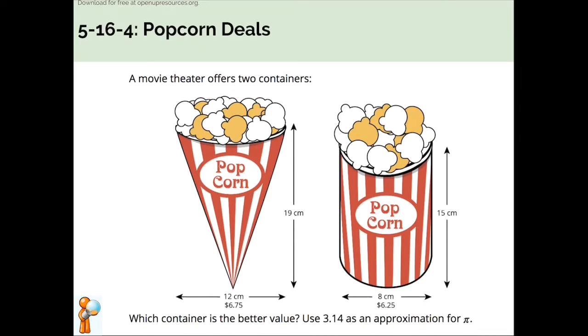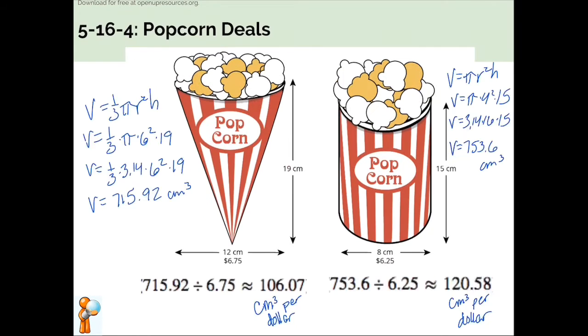All right, so looking at this problem, I'm trying to figure out which one of these is the better deal. Here I've shown my work. For the cone-shaped popcorn cup, the volume again would be 1/3 pi r squared times the height. And I filled in what I knew for the radius if the diameter is 12, the radius is 6. And I filled in what I knew for the height with 19.